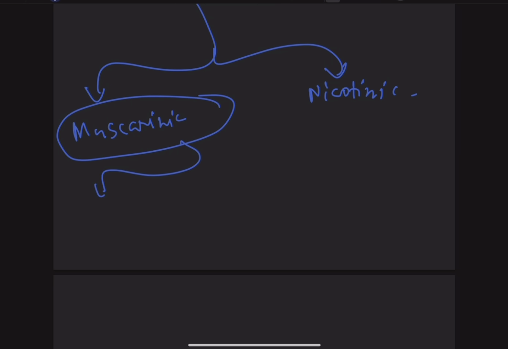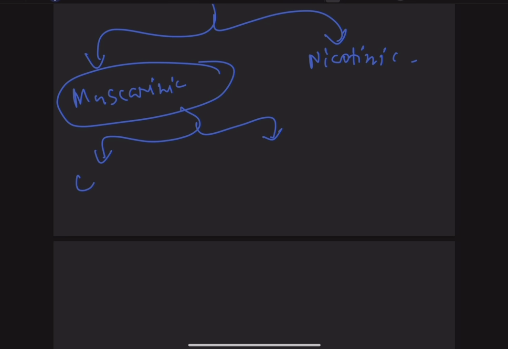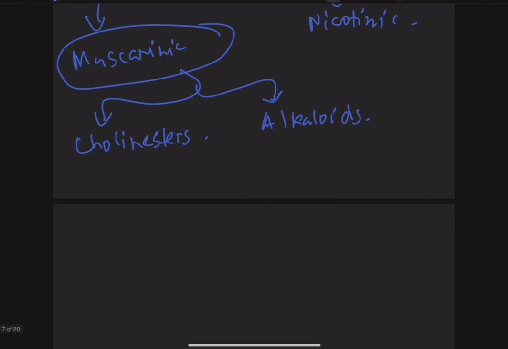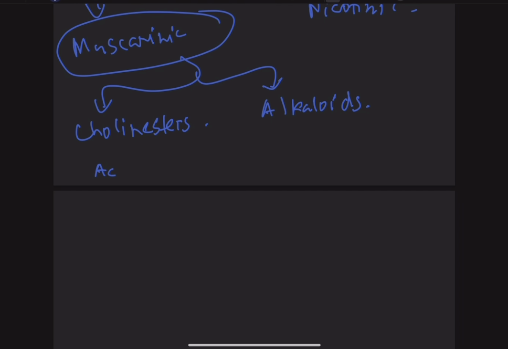So muscarinic agonists can be classified again into cholinesters. They are the esters, and there are the alkaloids. So what we have in the cholinesters is acetylcholine. Then we have the methacholine.